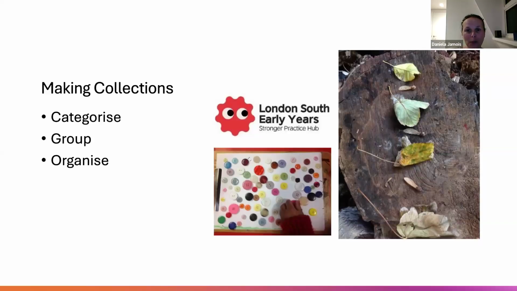Again, we've talked about collections, but here you might want to order your collection and notice that you can put them in the order of their size. And once you have done categorizing, you can talk about a big leaf, a small seed, a big leaf and a small seed.